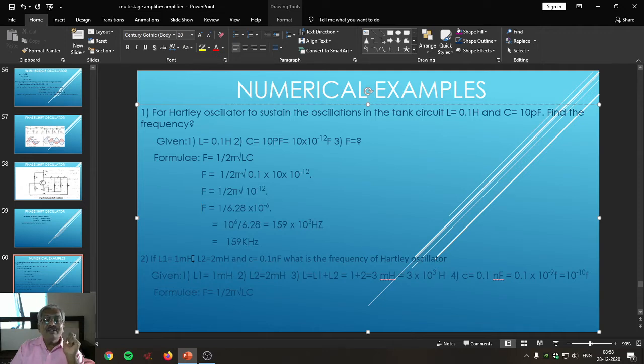Under that condition, you write the given quantities as L1 is equal to 1 millihenry, L2 is equal to 2 millihenry. We have to calculate L, capital L, which is equal to L1 plus L2, as we substituted in the derivation. That becomes 1 plus 2, 3 millihenry, that means 3 into 10 raised to minus 3 Henry.